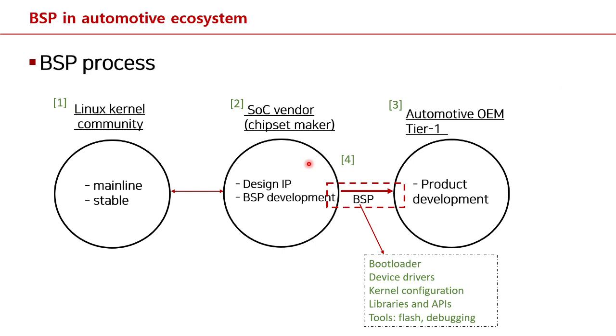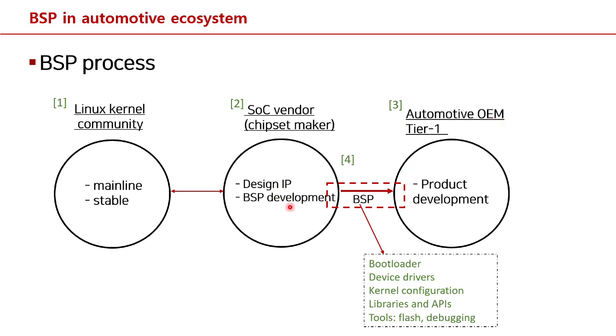It means that in their chipset, the AP processor along with the modem processor are implemented. Another responsibility of the chipset vendor is to implement their own device drivers to control each device. Then they develop the SDK, or development tools, that can be used by the automotive OEM vendor.